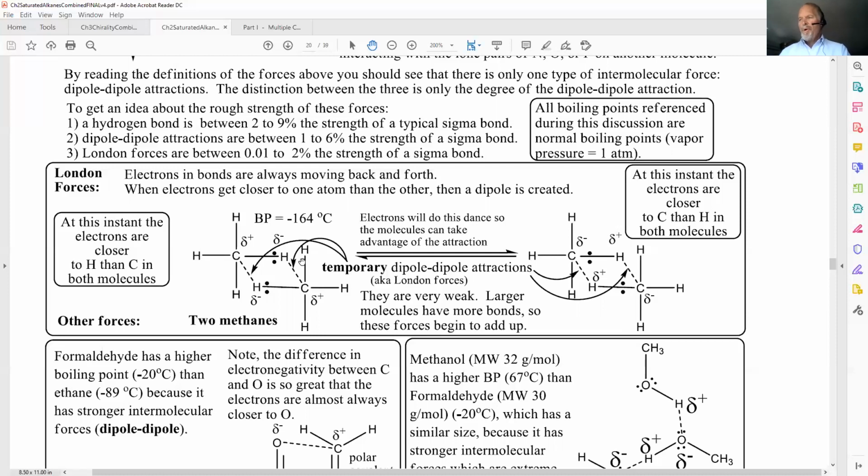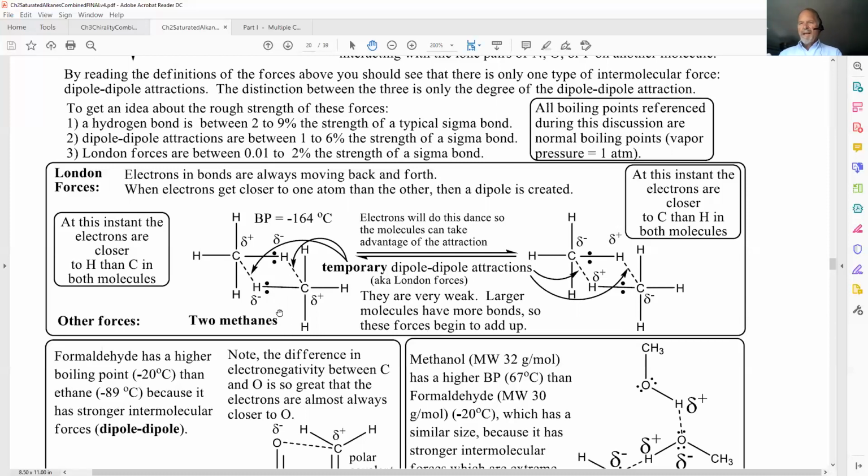What do we call a temporary dipole attraction between molecules? Notice I use the word dipole, not London, not van der Waals. We should have called them temporary dipoles from the beginning. Yes, it's a little longer a name, but it actually says what it is. Okay. And here's my two molecules.